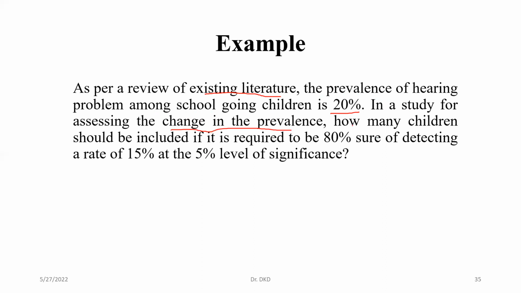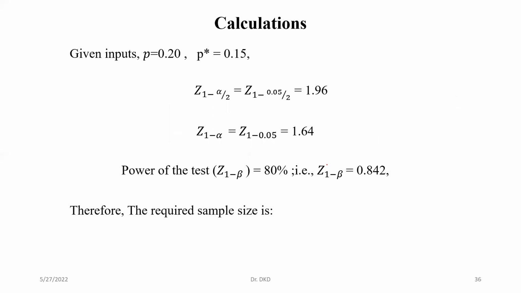How many children should be included if it is required to be 80% sure of detecting a rate of 50% at the 5% level of significance? This is the problem given to begin the study. So what would be the minimum sample size required to complete this study?